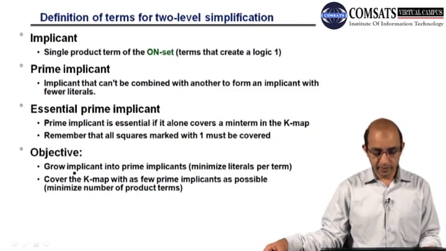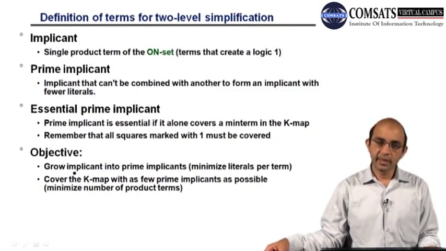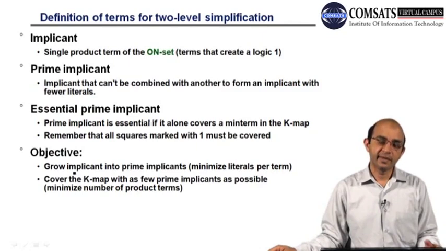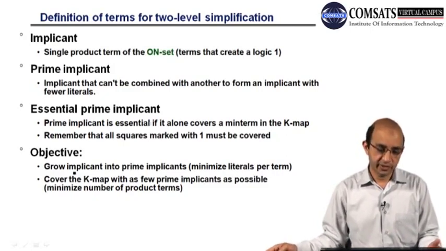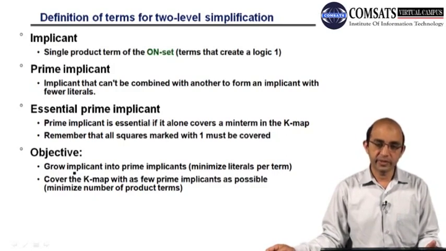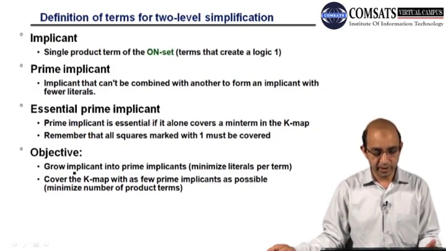Then we move to the implicants, prime implicants and essential prime implicants. As in the last lecture, we touched on those technical terms and tried to differentiate between an implicant, a prime implicant, and an essential prime implicant.